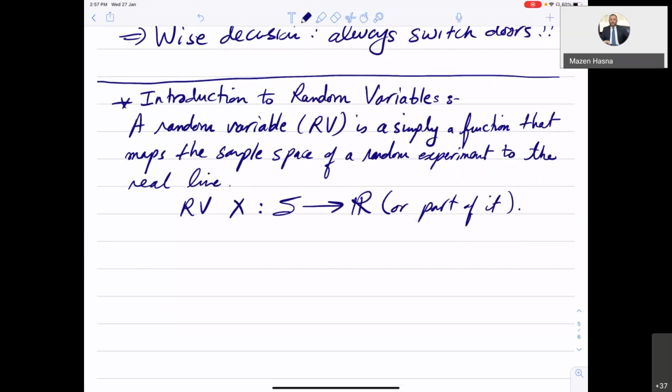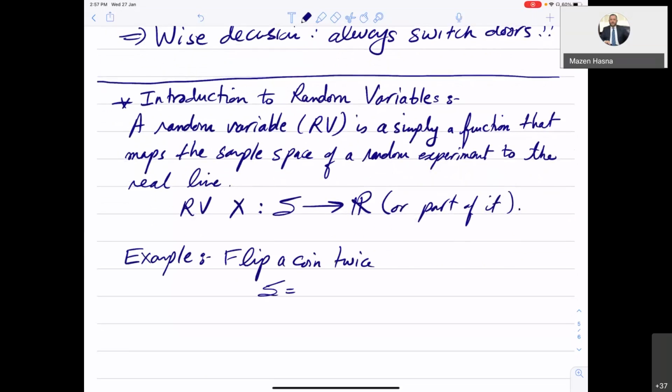Again, let's do an example. Flip a coin twice. So your sample space is what?